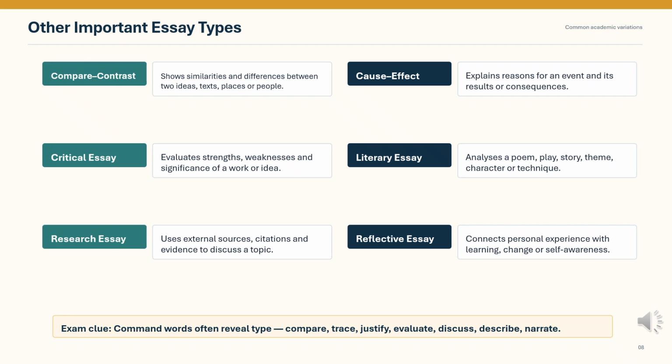Next, we have the research essay. A research essay uses external sources where we use facts, citations, and evidence to discuss a topic. We have the reflective essay, which connects personal experience with learning, with change, with self awareness. So, the easiest way to identify the essay type is to look for the command word. For example, compare asks for similarities and differences too. Okay, so that is about this.